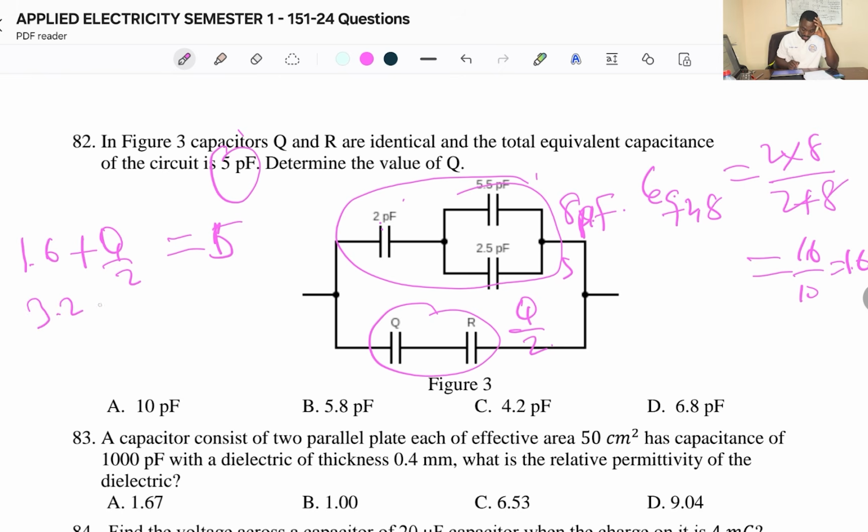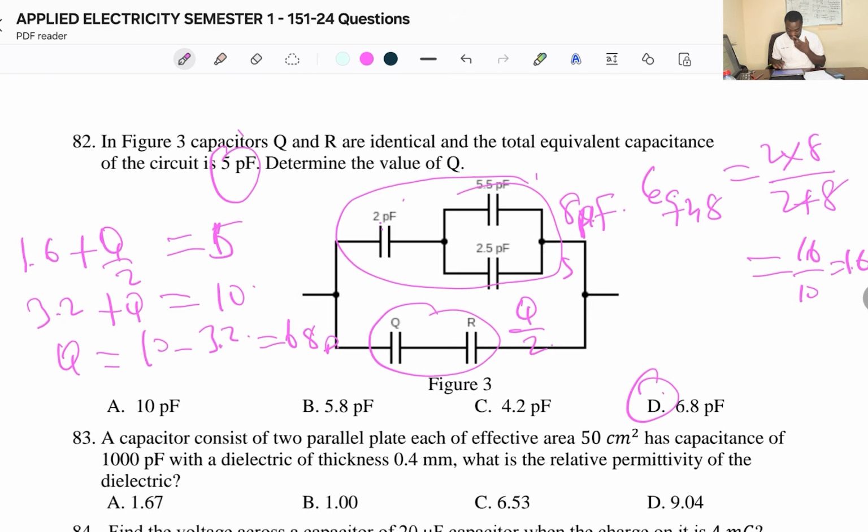So 3.2 plus Q equals 2 times 5, that will be 10. So the charge here will be equal to 10 minus 3.2, and that will be equal to 6.8 picofarad. So the answer here will be D.